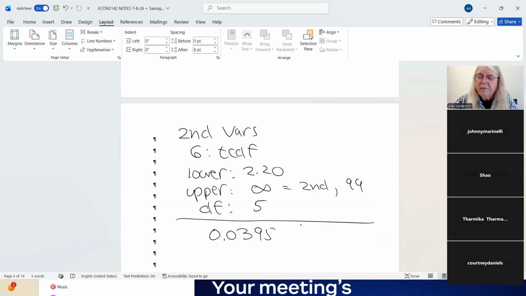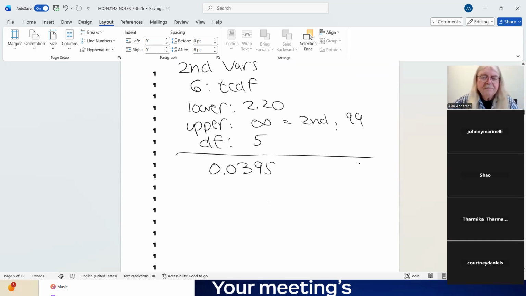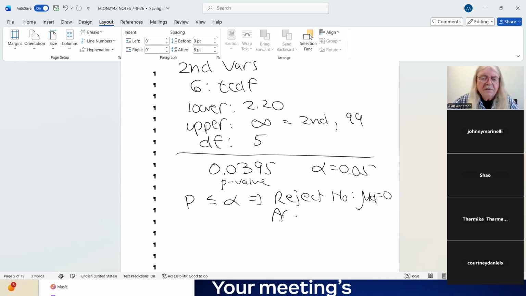And now remember that we chose an alpha of 0.05. So therefore, P is less than or equal to alpha. And as you recall, that means reject the null and accept the alternative.